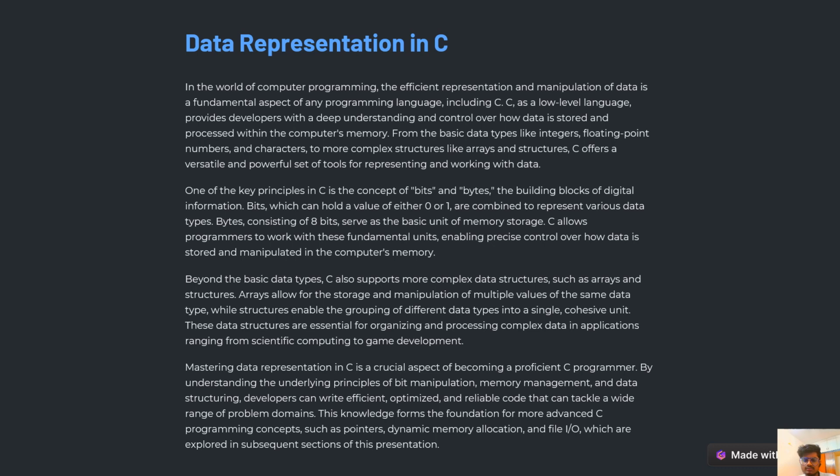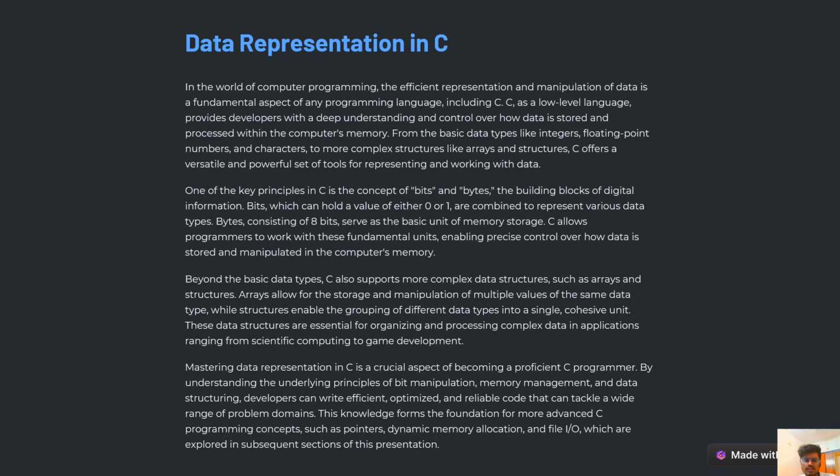From the basic data types like integers, floating point numbers, and characters to more complex structures like arrays and structures, C offers a versatile and powerful set of tools for representing and working with data.